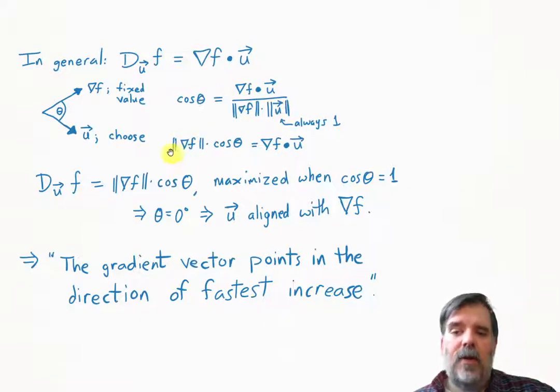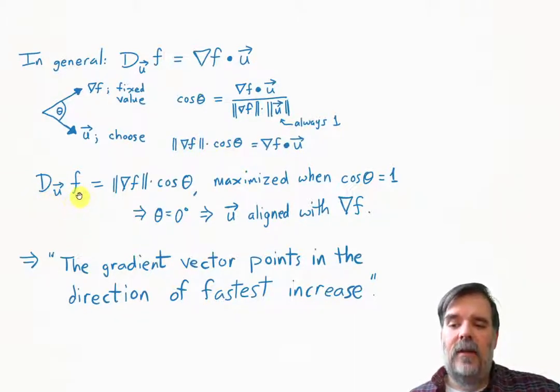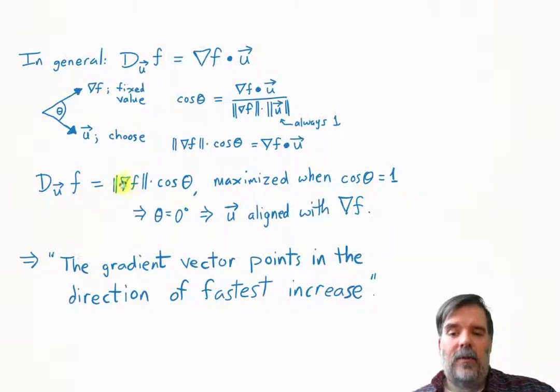Rearranging this equation, we have the length of the gradient, which is some constant, times cosine theta, which depends on u, is equal to the gradient of f dot u. So we can replace the gradient of f dot u with this expression. The directional derivative of f is equal to the length of the gradient times cosine theta.